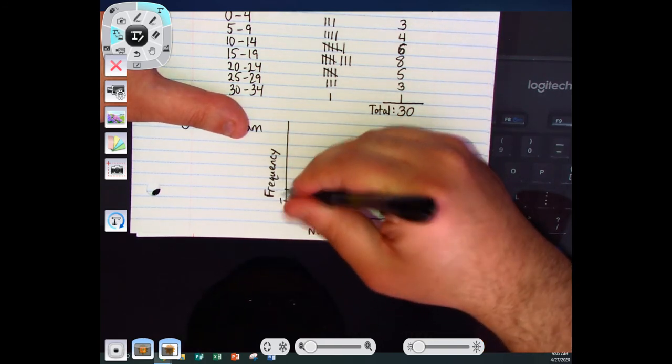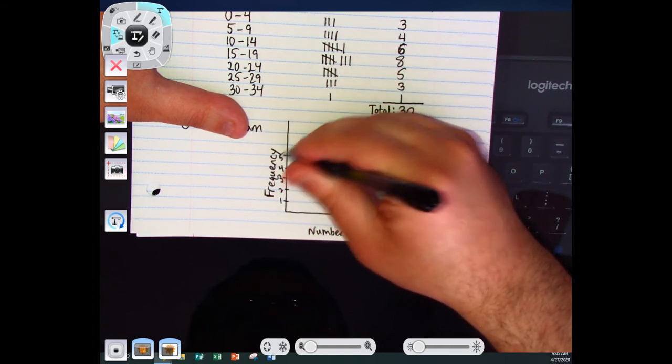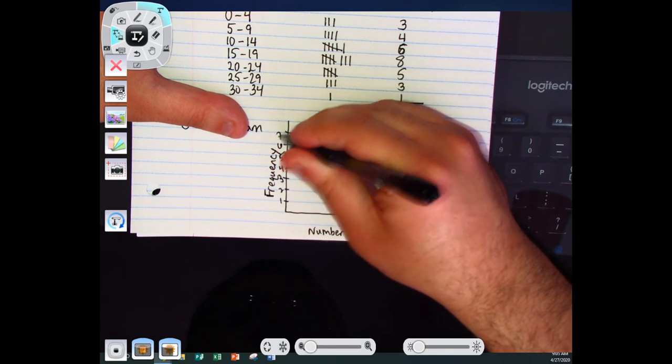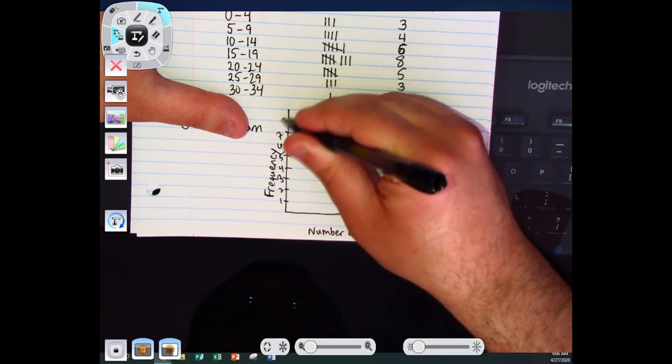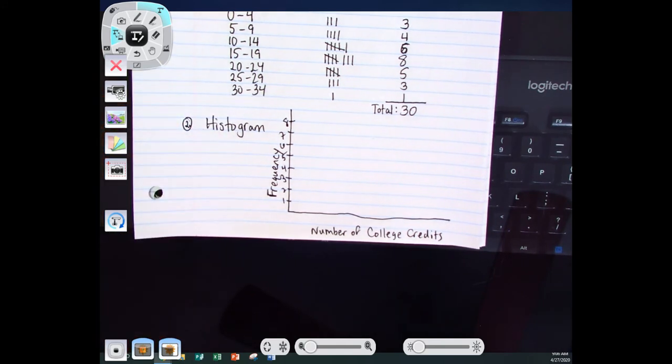So 1, 2, 3, 4, 5, 6, 7, 8. Okay. Now, like I said in the past, normally we would go by 0 to 4, 5 to 9, 10 to 14. But in this case, this histogram is a little different.